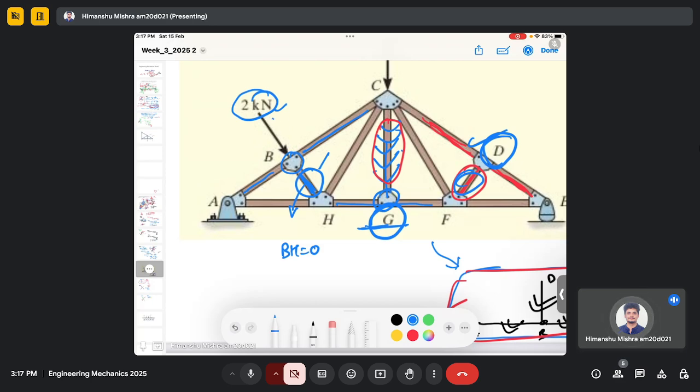But if you don't remove it, if you apply some external force like here, then the force in the member BH will not be 0, even though it has the same configuration like this. The force in this member is not 0 because of the external force which is acting in the same direction.